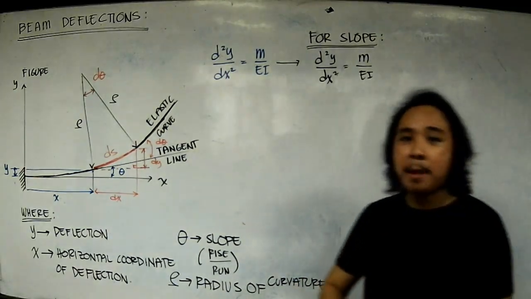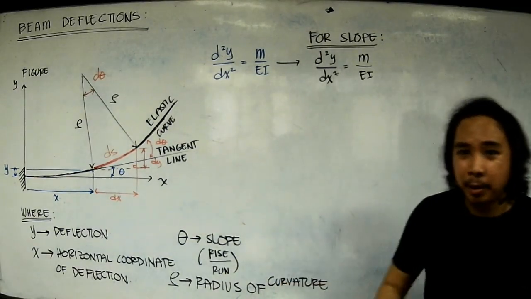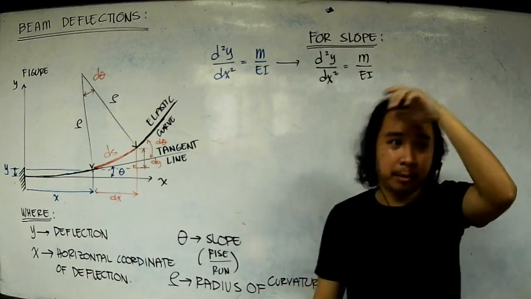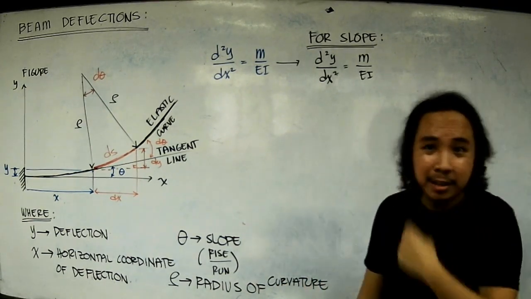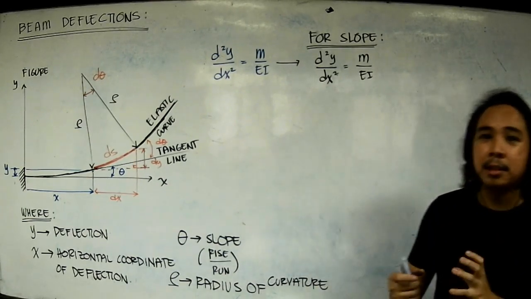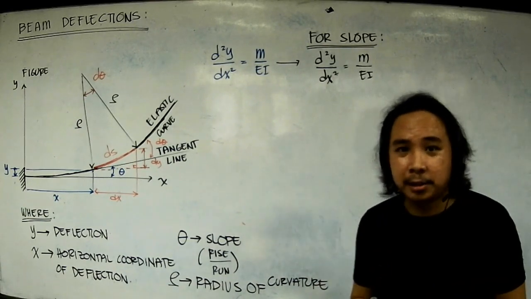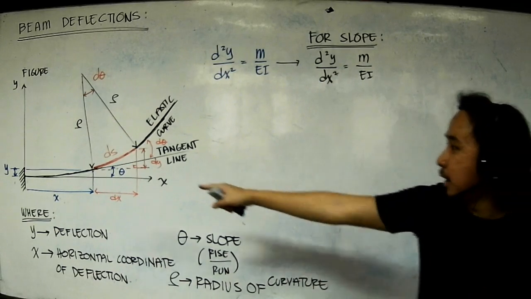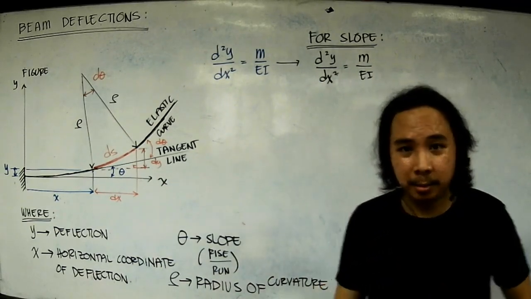One of the reasons why I asked you to review the shear and moment diagrams back in the first lesson is so that you can see that moment is a function of x, where x is the horizontal coordinate.